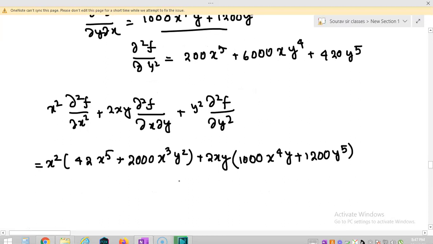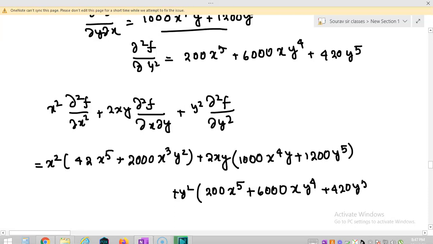Then I need to find the value of del 2f del y2. Del 2f del y2 is 200 x to the power 5 plus 6000 x y to the power 4 plus 420 y to the power 5.